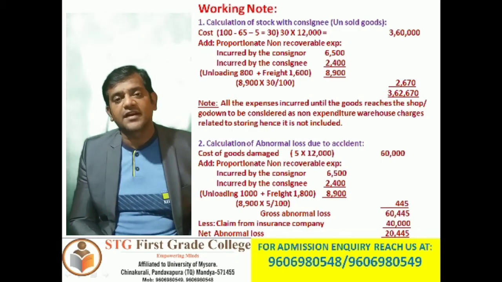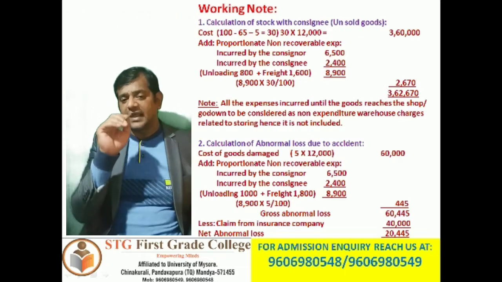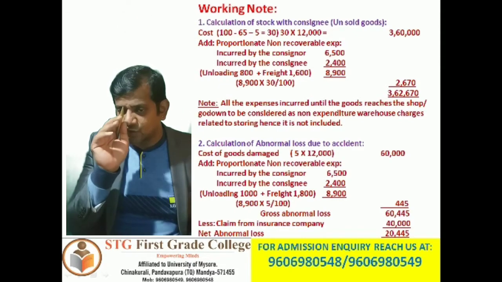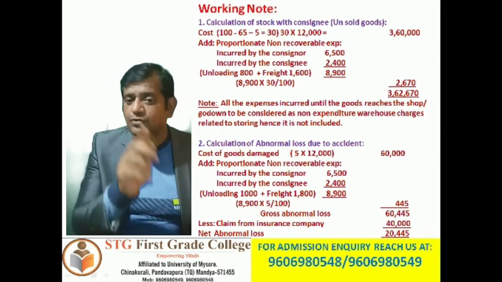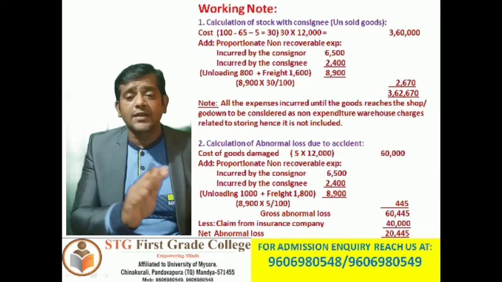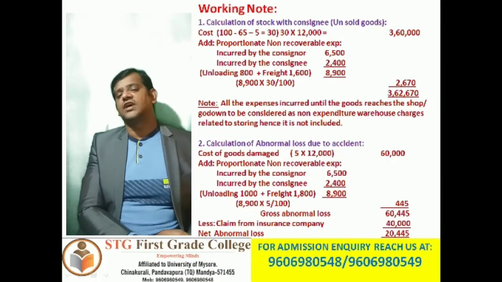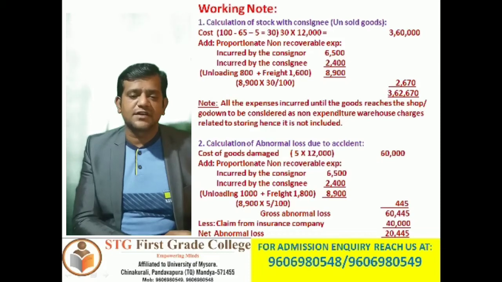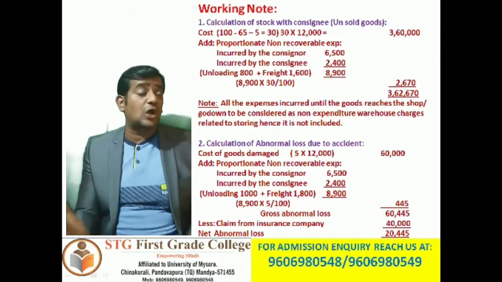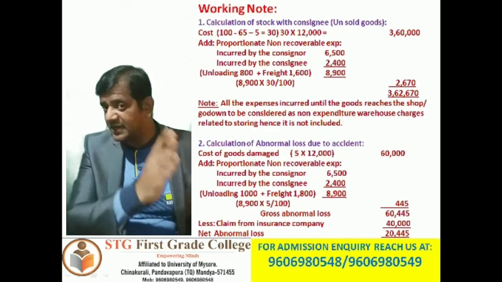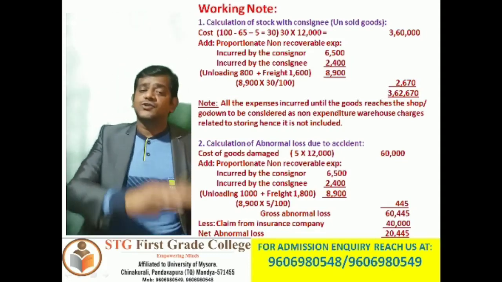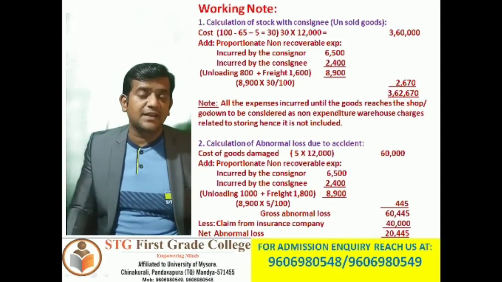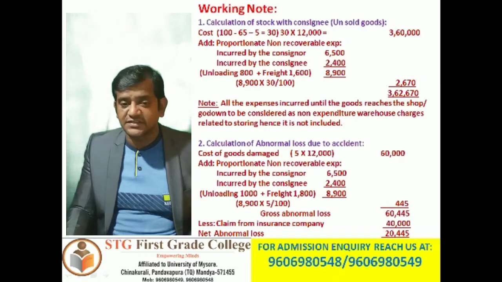So it is non-recoverable. See, all the expenses incurred until the goods reach the shop or godown are to be considered as non-recoverable expenditure. Warehouse charges is related to storing, hence it is not included, which is paid by the consignee. Okay, so that is why I am eliminating godown charges or warehousing charges.